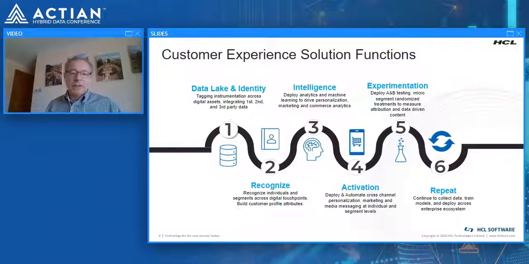So let's take a look at those functionalities. First of all, the customers would like to understand the behavior of their customers and visitors across sessions, across devices, perhaps across owned and paid channels. They want to be able to recognize who those customers are across those domains and sessions and devices and consolidate and reconcile those identities.